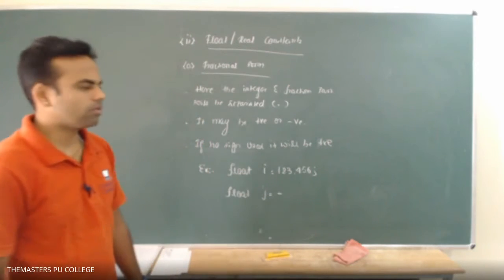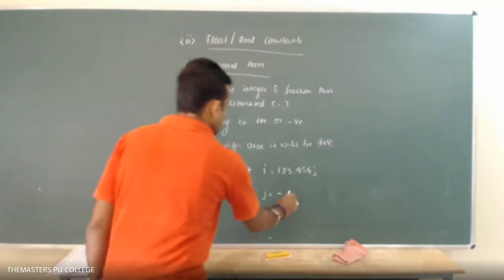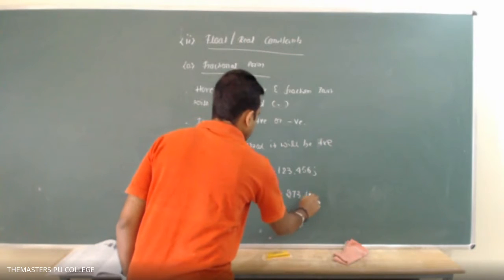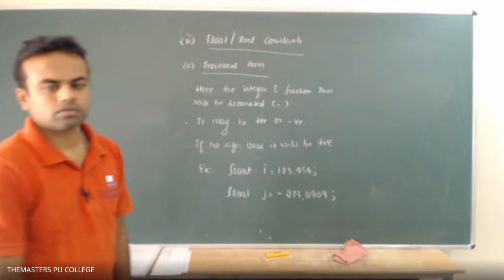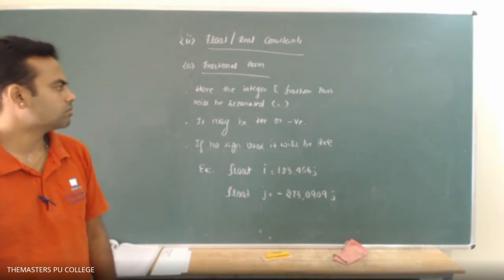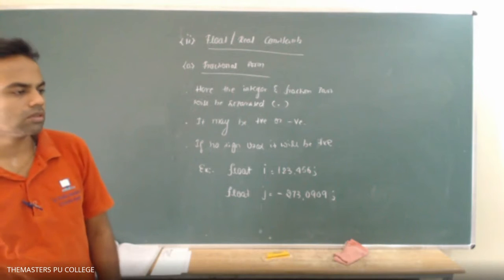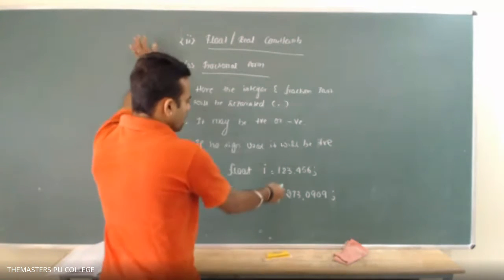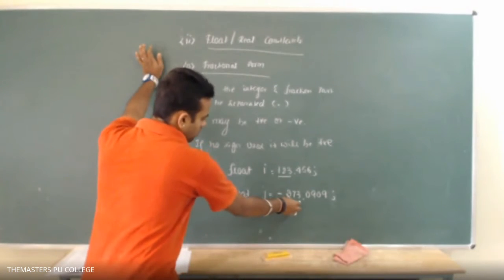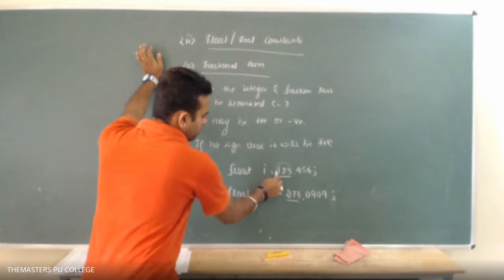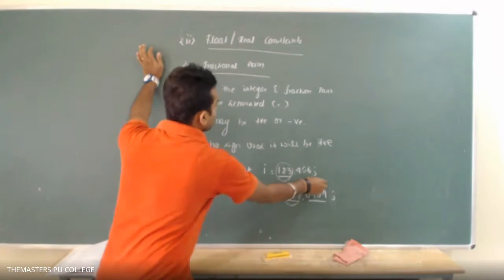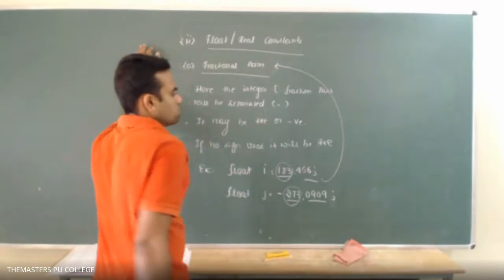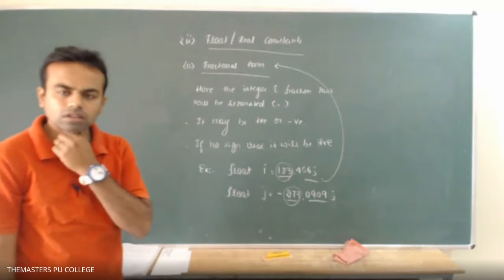We gave the minus example for 273.0909. And then this will be called the integer part. What is this? Fractional. What do you call this part? This is the integer. This part will be called the fraction, the fractional part. Understood?